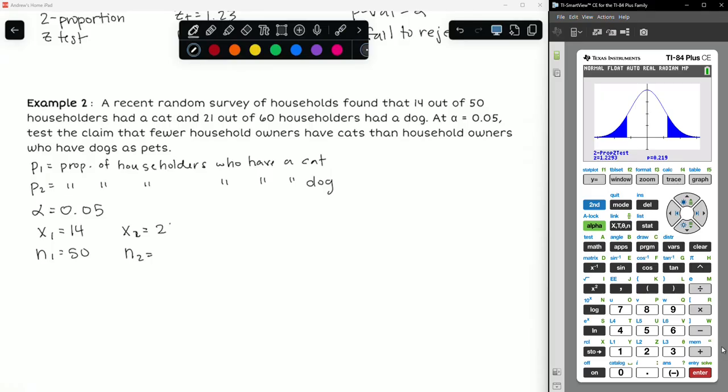For group 2, 21 out of 60 had dogs. Since I'm testing a claim about a proportion, we're assuming that n times p and n times q are greater than or equal to 5 for both samples. We're going to go ahead and start a two-proportion z-test.